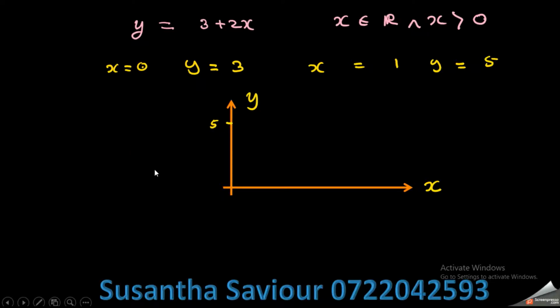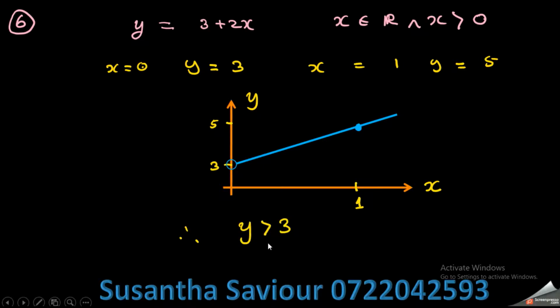This is 5. This is 3, right? And then, so this is the straight line. In this particular case, 3 is not in the range. So our range will be y is greater than 3. Y is greater than 3 is our range. Is it clear now?